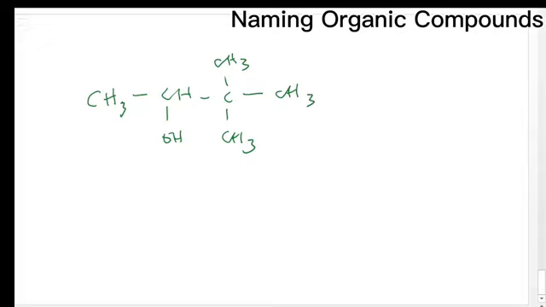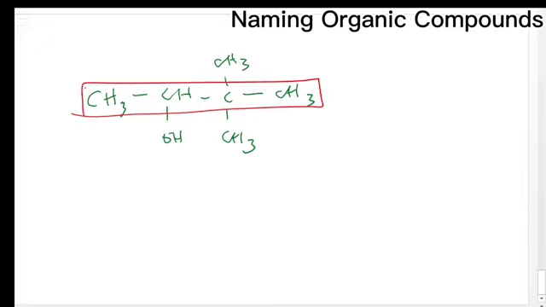Now this is an organic compound, so we can name it also. It's an alcohol because it has an OH group. To name this, we identify the longest carbon chain, 1 2 3 4, either way. So I can pick the longest chain this way.